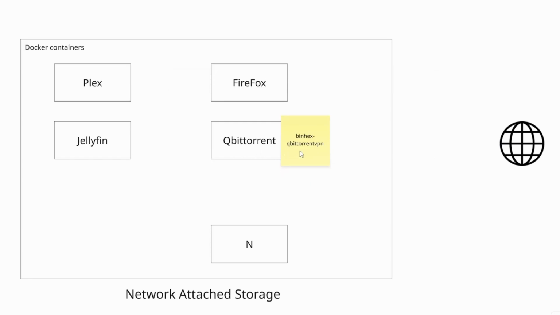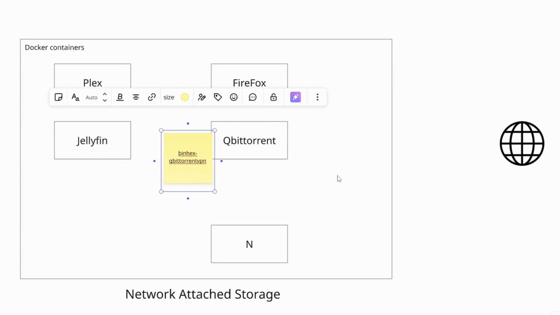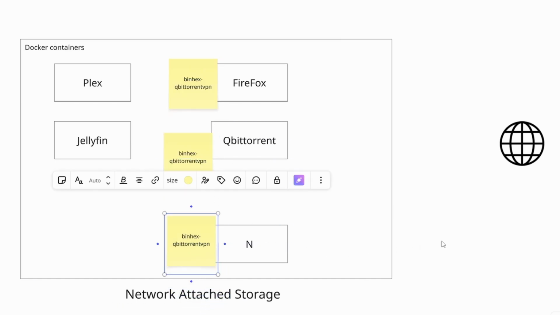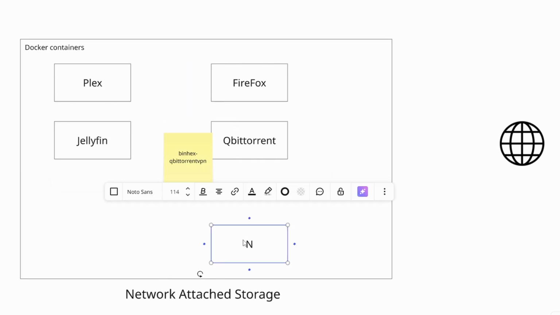We can have similar containers for, let's say, Firefox or any other Docker containers, but we would have to give up one of our VPN slots or credentials for each of these containers. So if we have n containers, we would have to get n number of credentials from our VPN provider, which is not always feasible.